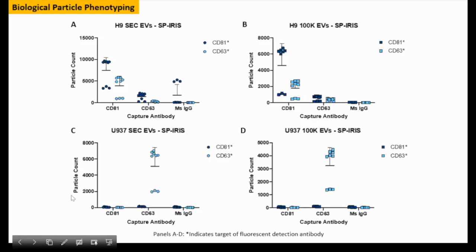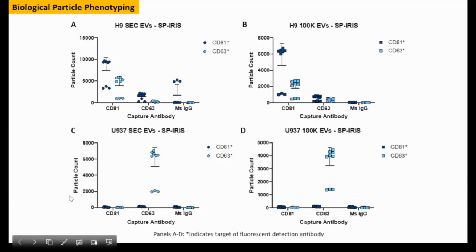So basically what you see here is that we capture with CD81, CD63, and isotype control, and we labeled with CD81 and CD63. In panels A and B, we represent results from chips incubated with H9 SEC EVs and H9 100K EVs, respectively.